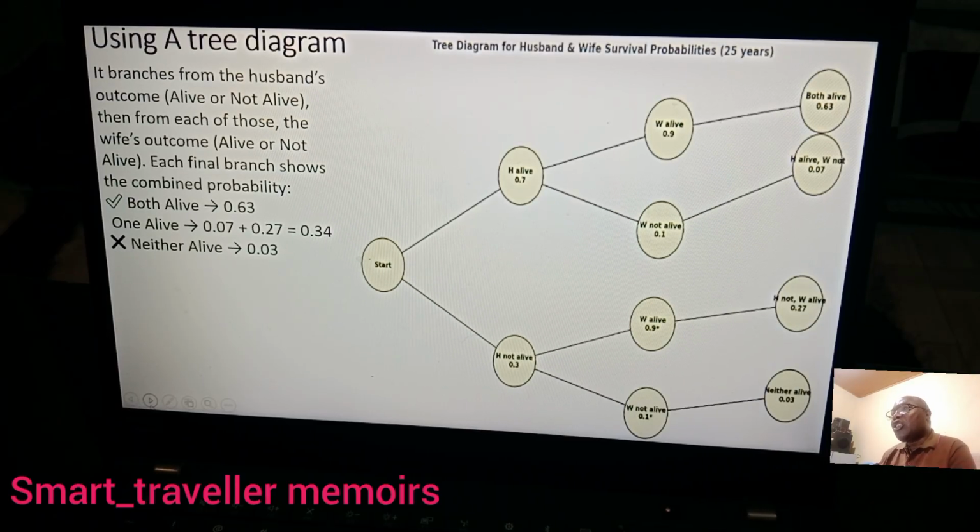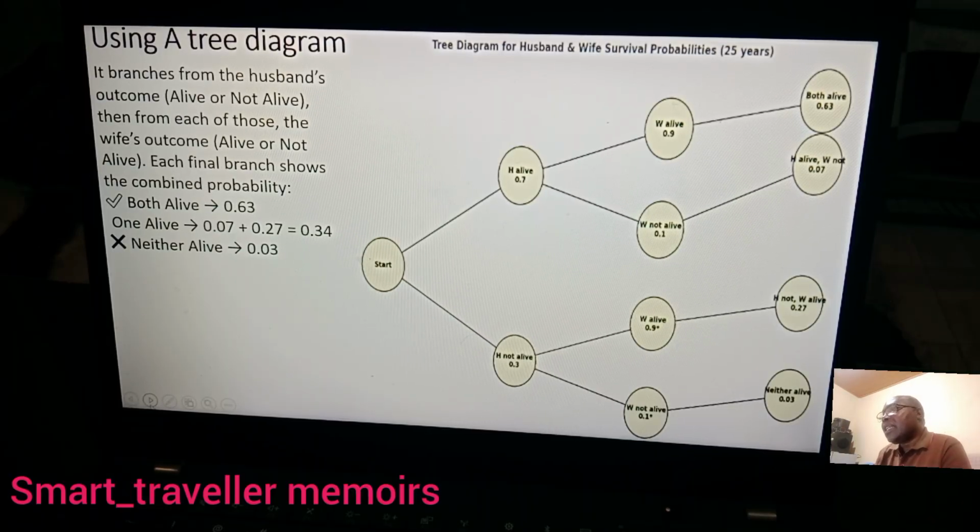Then from each of those branches, we have the wife's outcome, alive or not alive. Each final branch shows the combined probabilities. Both alive implies 0.63, one alive implies 0.07 plus 0.27, which is 0.34, and neither alive will give you 0.03. And that one is very, very clear from the tree diagram.